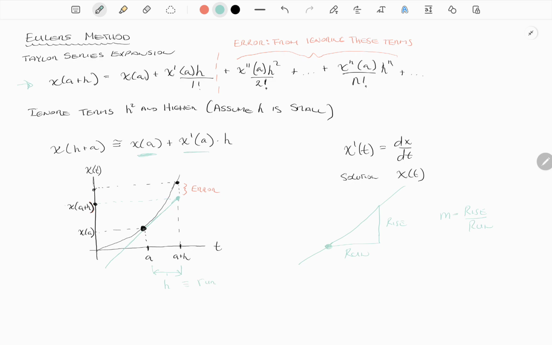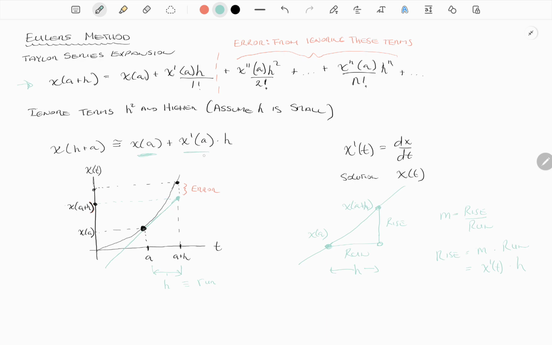So if this is my starting point, my x of a, then I can predict x at a plus h, and h is this run. So if I reorganize m equals rise over run, my rise becomes m, my slope, times my run, which is x prime at t times h.